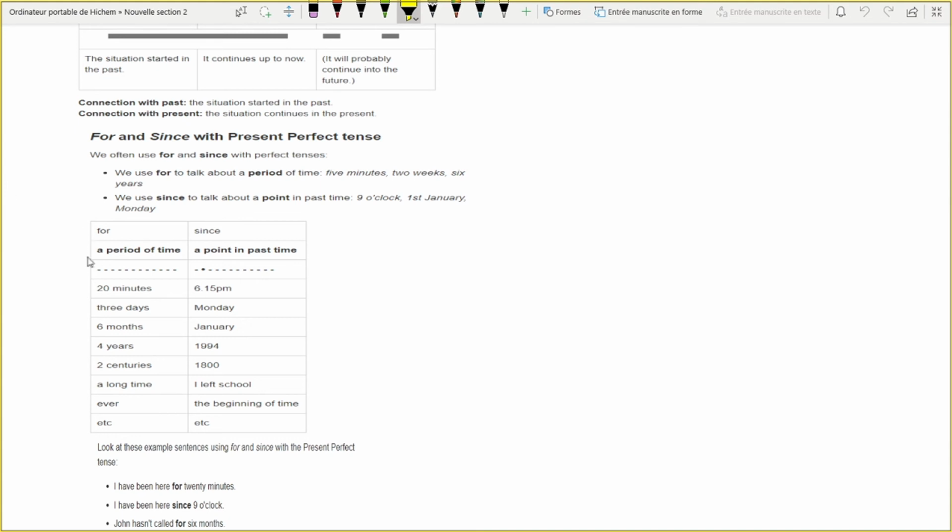With for, you can use 20 minutes, 2 centuries, ever, a long time, 6 months, etc. With since, same thing. You have some examples that you can use.